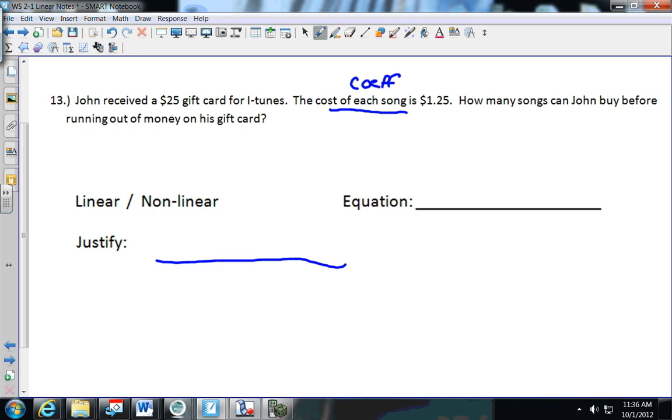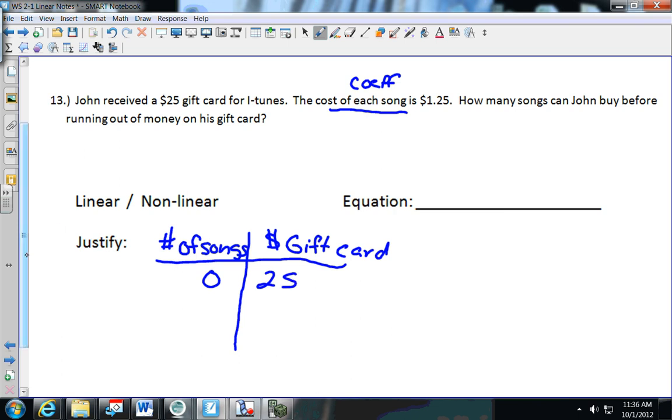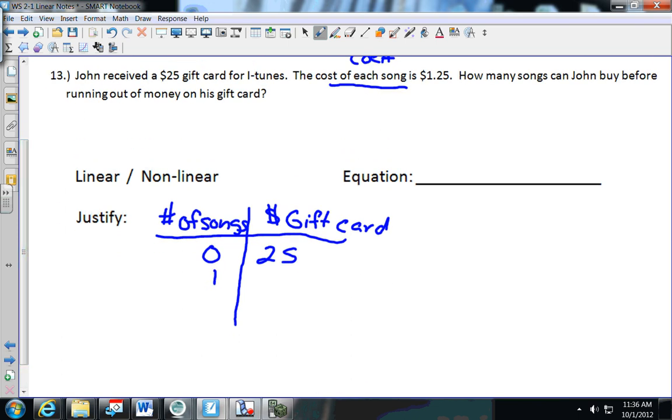Well, if I go and build a table, I know this is going to be the number of songs, and this is going to be the amount, the money on the gift card. When he first starts out, he has $25. After he downloads one song, how much is now on the card? Should be 24. No, wrong. 23.75. And how am I getting that? Well, heck.